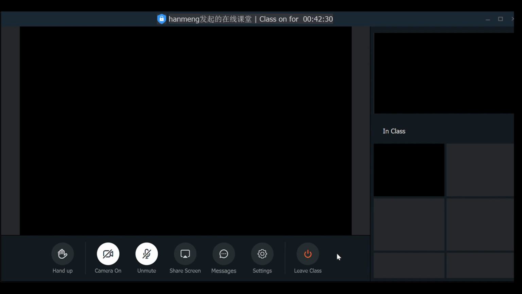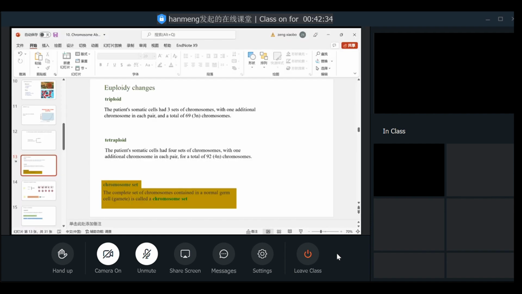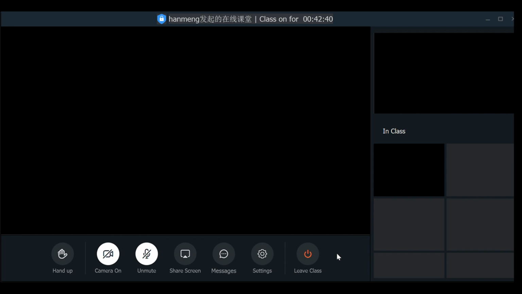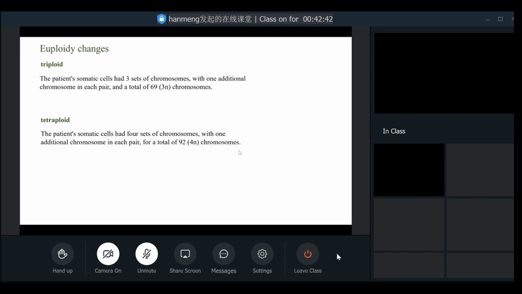There's the lowercase n. So this patient has 92 chromosomes in his body, because normal human beings have 46 chromosomes.